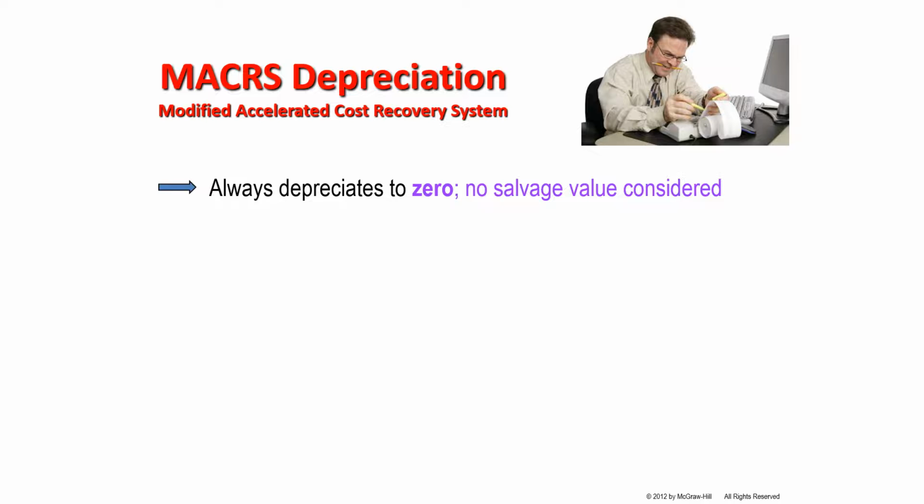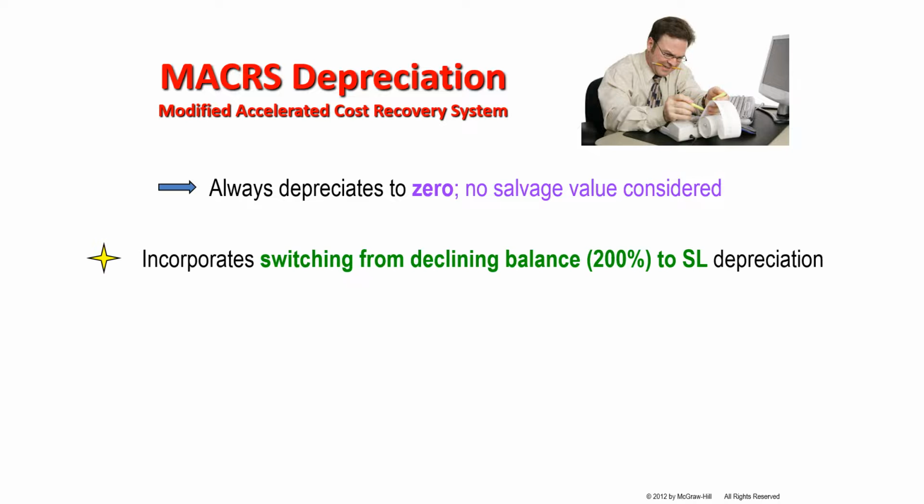And remember that when we're talking about tax depreciation, it doesn't necessarily have to mirror the actual useful service life or the actual market value of the equipment. So in this case, the fact that it assumes that the equipment has no salvage value doesn't necessarily mean that all equipment will have no salvage value at the end of its life. This is just for accounting purposes.